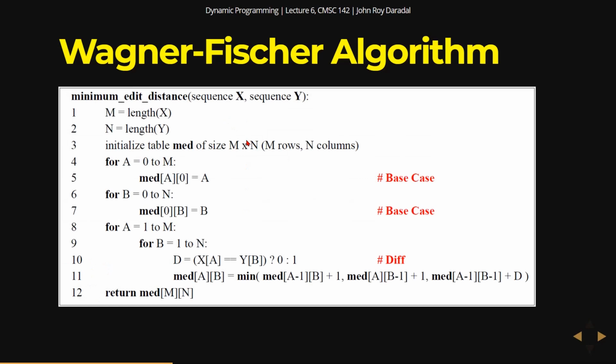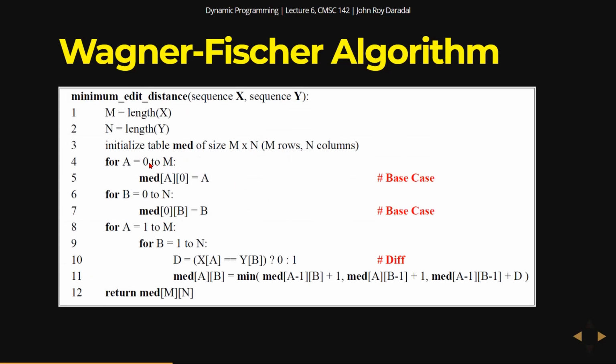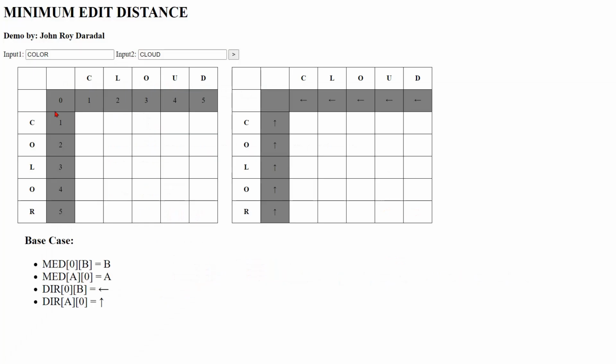Now, going back to the algorithm, we can put all of them together now. Okay? So if M is the length of X, N is the length of Y, we'll initialize a table of size M by N. And for A from 0 to M, we'll initialize A0 with A, and for B from 0 to N, 0B with B. So these are the base cases.